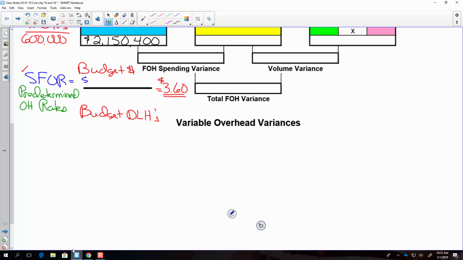So we had a budget amount of $2,160,000. We can use the same hours budgeted for the bottom number. The key word is, guys, budget, right? That gives us our predetermined overhead rate, which is our SFOR rate.